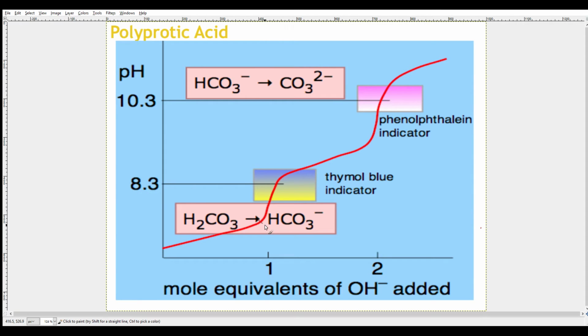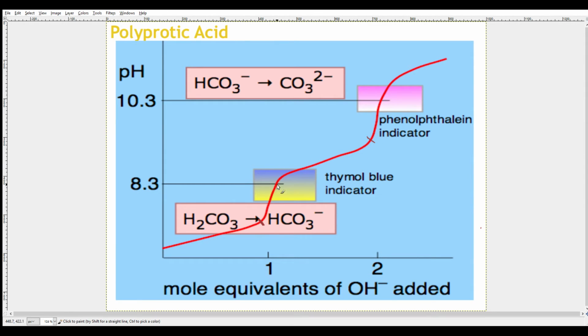So we know at this point right here, we have converted all of our original acid into the first ion. And then we know at this point up here, it has been converted again.